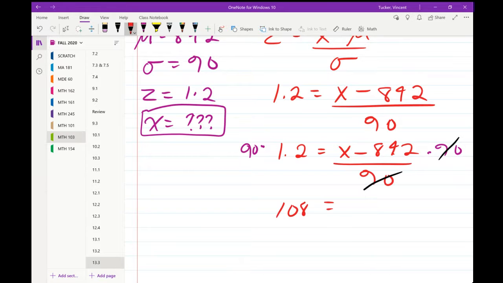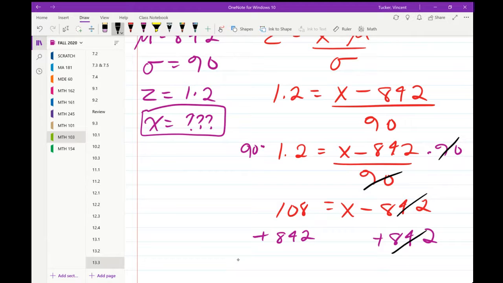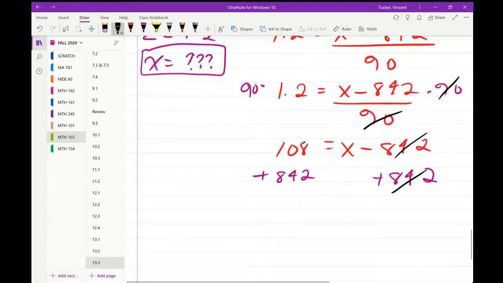So it's 108 equals x minus 842. Then we add 842 to both sides. The 842's cancel on the right.